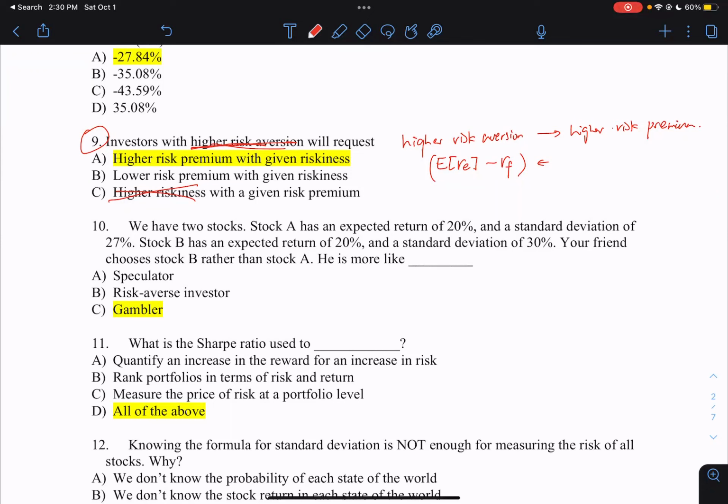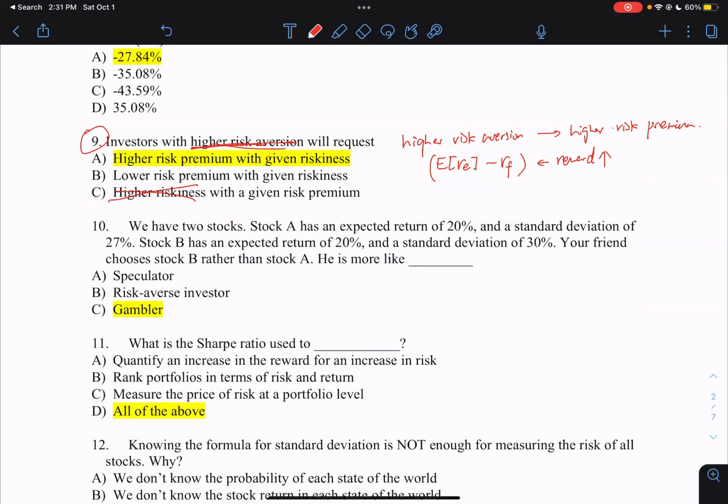So they want a higher reward to compensate for their risk-taking behavior, which they don't like, to compensate for their dislike toward the risk. So the reward should be higher if the risk aversion is higher. This is the very simple intuition.